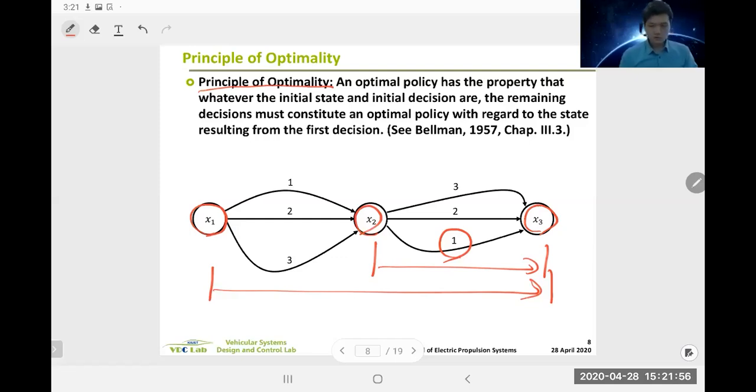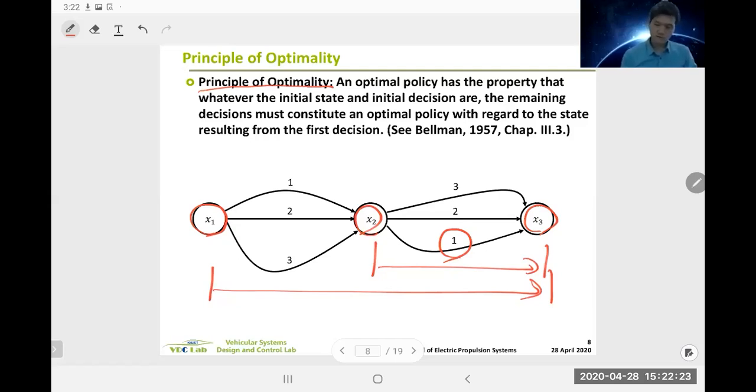So this example is so simple that maybe it's trivial or obvious to see that, but we will see why this is important later on. What the principle of optimality is saying is that the optimal solution must include the optimal solution of the suboptimal control problem.